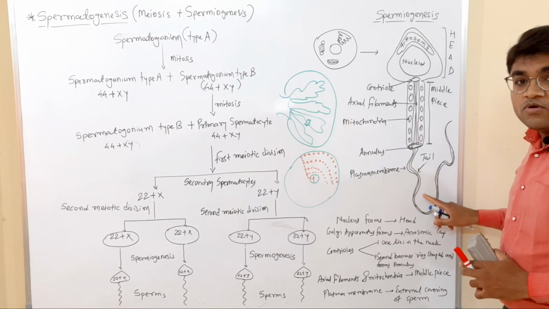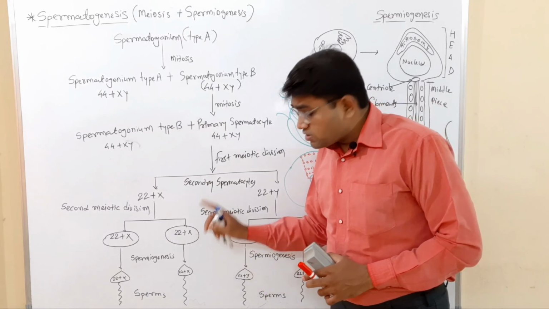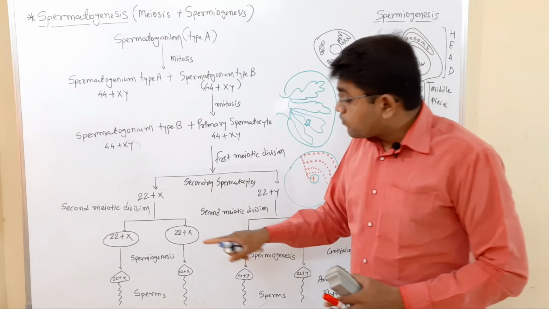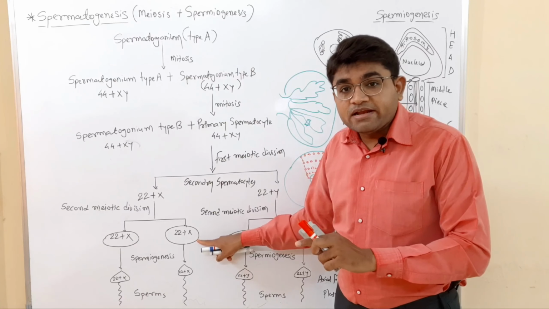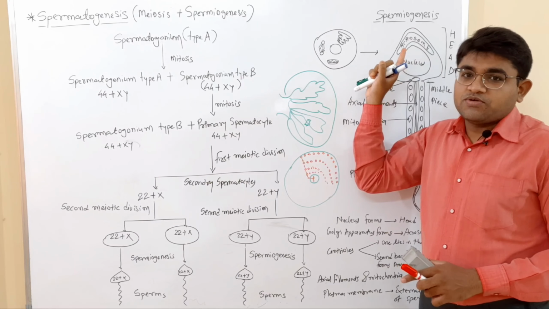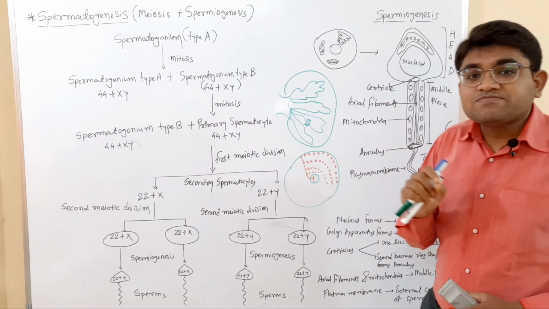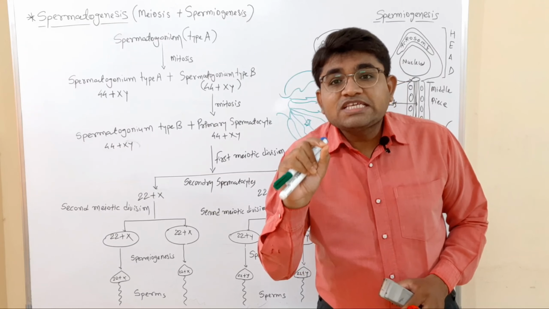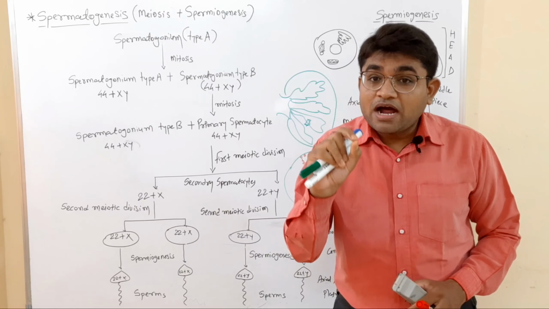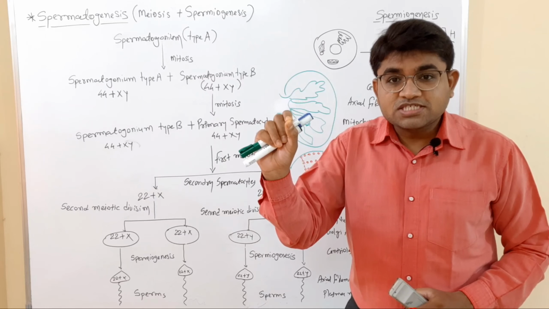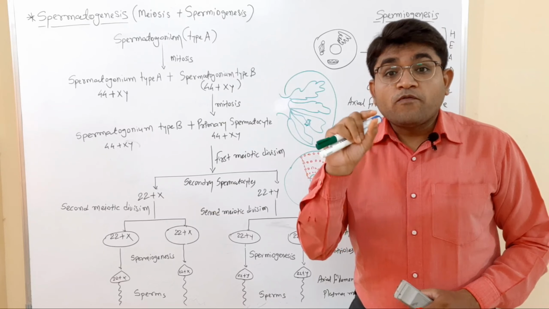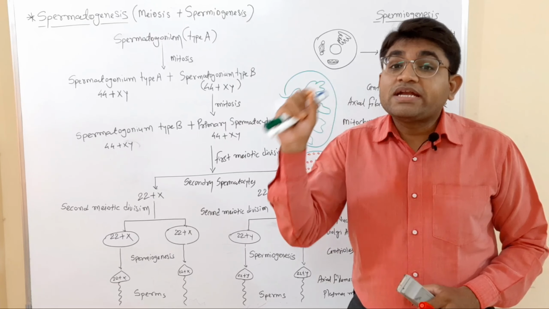The process of formation of an elongated sperm from the rounded spermatid is known as the spermiogenesis process. Spermiogenesis is a part of the spermatogenesis process: the formation of an elongated sperm from the rounded spermatids.